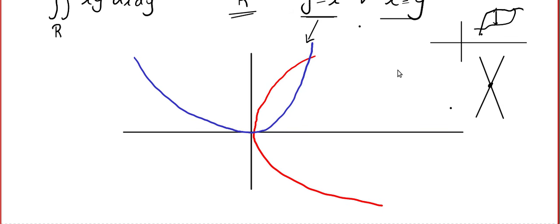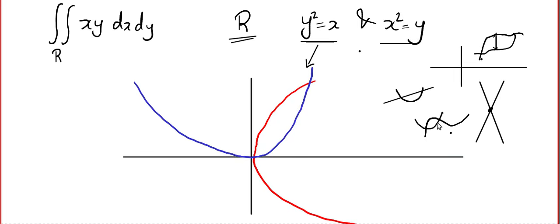Same is the story if you have a parabola and a line, or a parabola and a trigonometric function. So basically, to find the point or points of intersection, all you have to do is solve the equations simultaneously, and you can use any method you like.